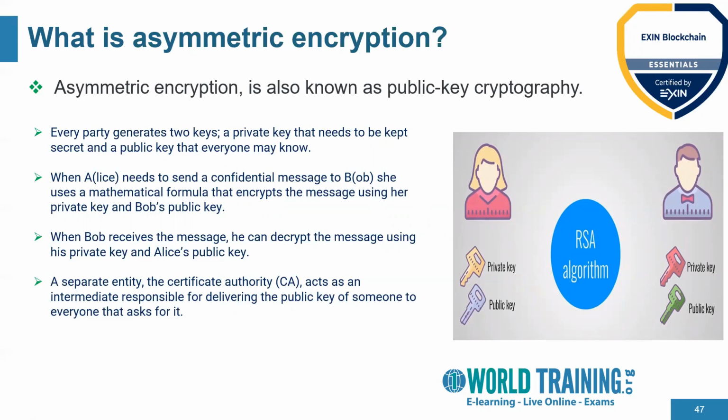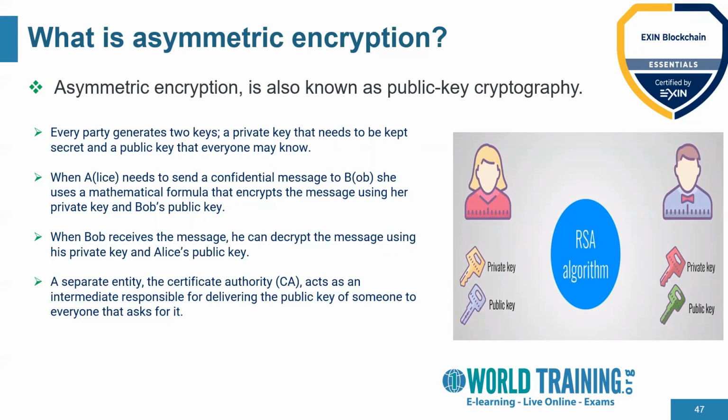One is the private key that needs to be kept secret, and the public key is known to everyone. Any party should have two keys. The private key has to be with the individual, cannot be shared or disclosed, but the public key is known to everyone.